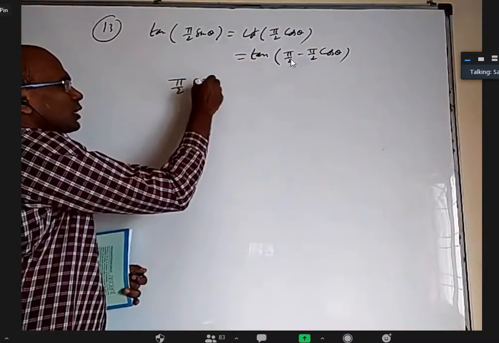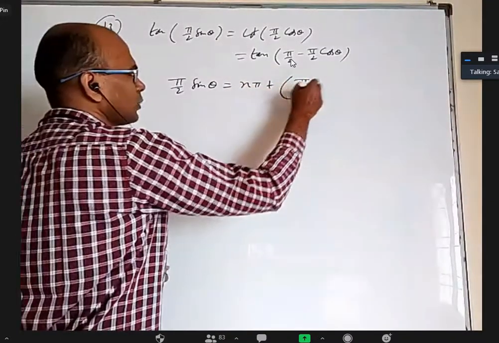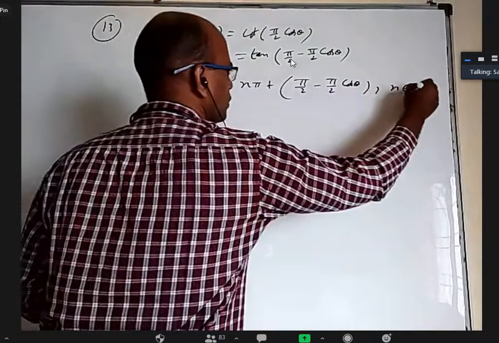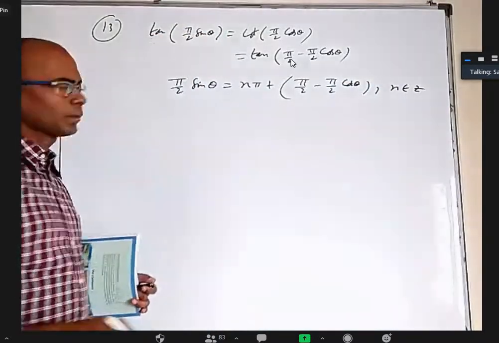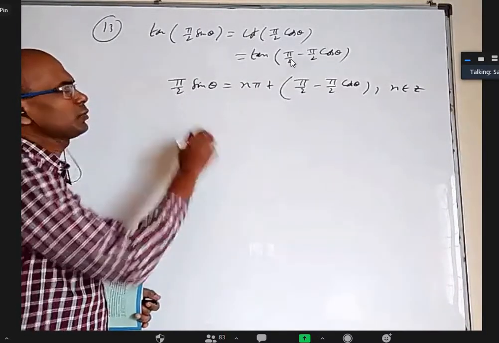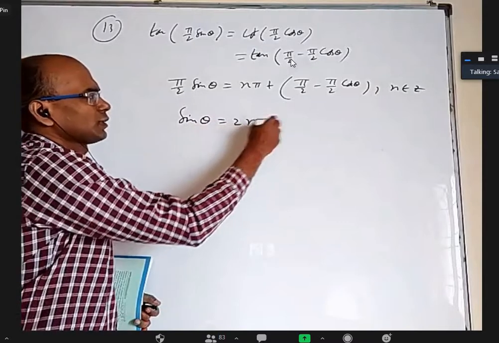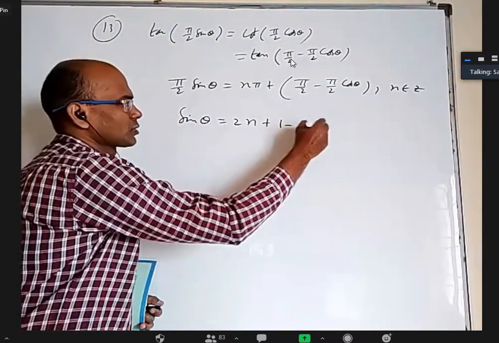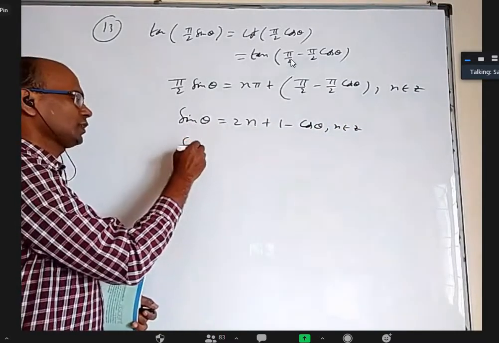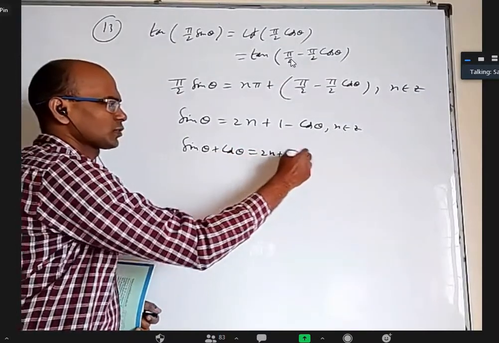Pi by 2 sin theta is equal to n pi plus pi by 2 minus pi by 2 cos theta, where n belongs to Z. Everywhere pi is there, I can cancel out. I can even multiply with 2. I am going to get sin theta equal to 2n plus 1 minus cos theta, where n belongs to Z. If I bring it here, I'll get sin theta plus cos theta equal to 2n plus 1, n belongs to Z.